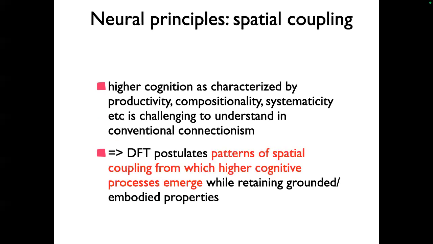And then the last step is what we call spatial coupling. That is where there are particular problems in coming to higher cognition, which ultimately means being less dependent on sensory motor stuff, on the link to the sensory motor. We'll discuss these at some length. We postulate that there are particular principles of how neural representations that have this autonomous property are coupled, so certain patterns of coupling that lead to that.